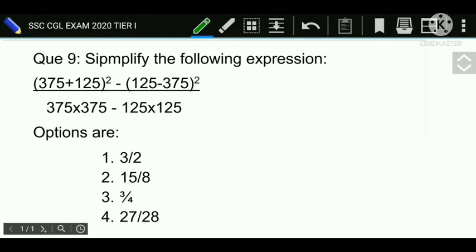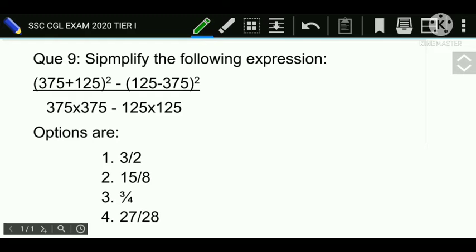Here is question number 9. Simplify the following expression: (375 plus 125) whole square minus (125 minus 375) whole square, divided by 375 into 375 minus 125 into 125. Options are 3 by 2, 15 by 8, 3 by 4, 27 by 28.